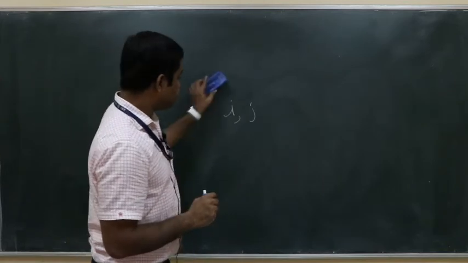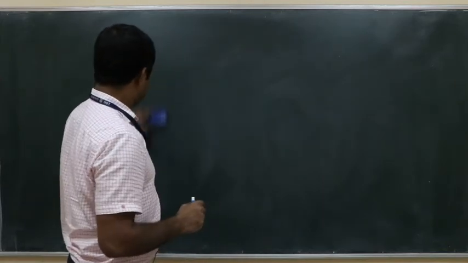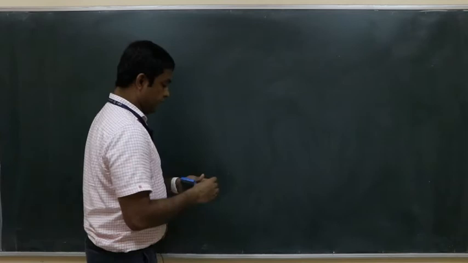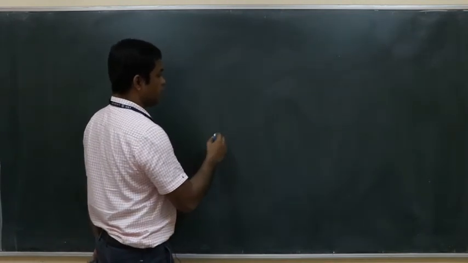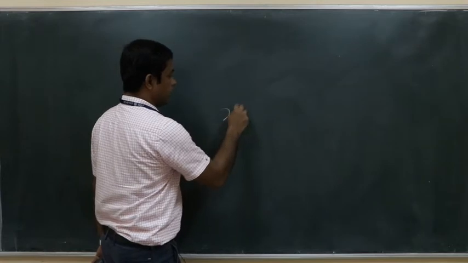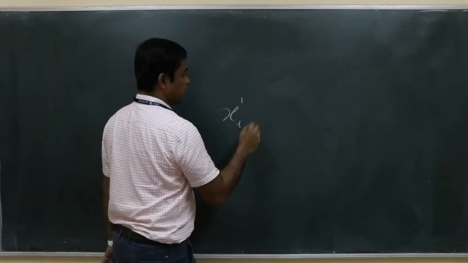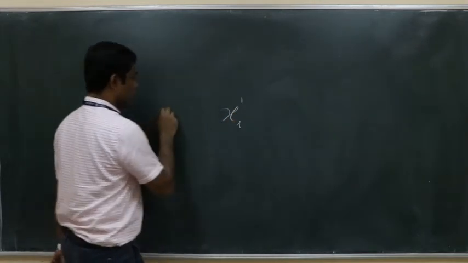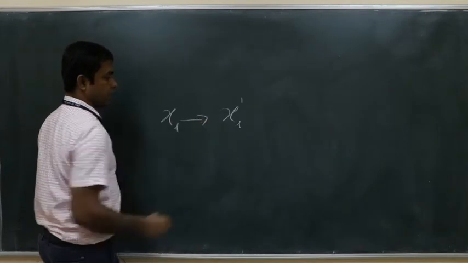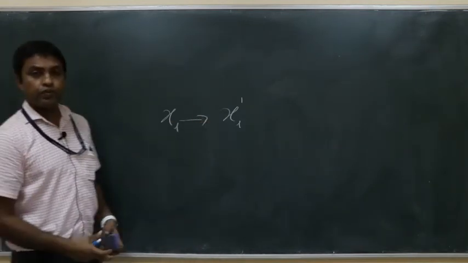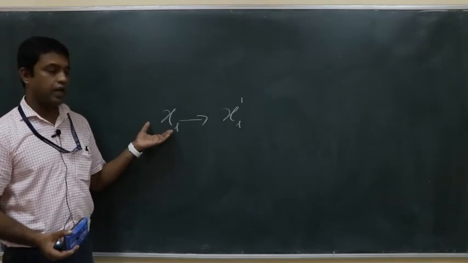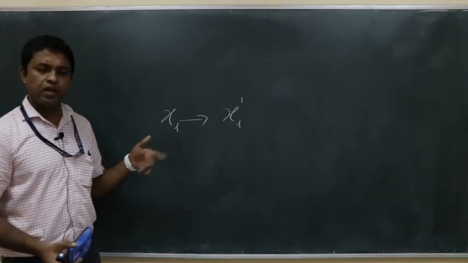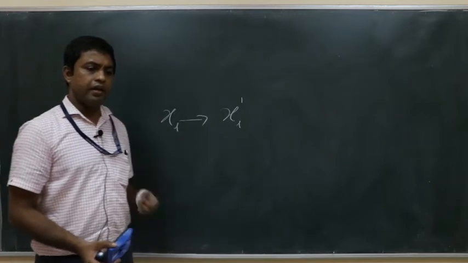I said that yesterday. So if you do any transformation, going from xi to xi prime, in the case of a three-dimensional Cartesian coordinate system, these x are actually x1, x2, x3, or x, y, z.